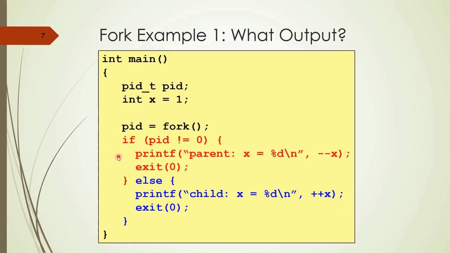It will not go to the red part. So the child will execute the blue part, and it will take 1 and give the value 1 plus 1, which is 2. So the output will be 0 and 2, because one is executed by the parent and the other by the child.